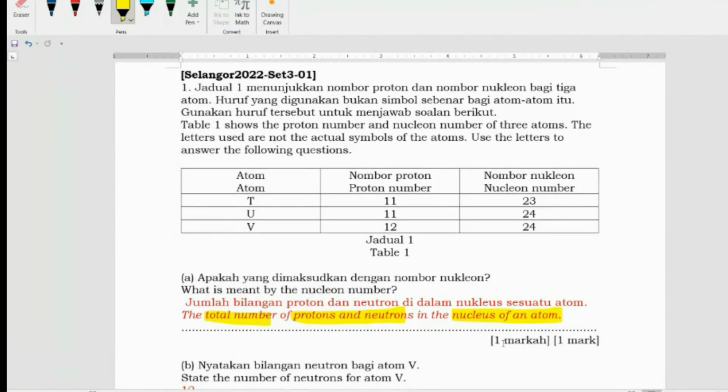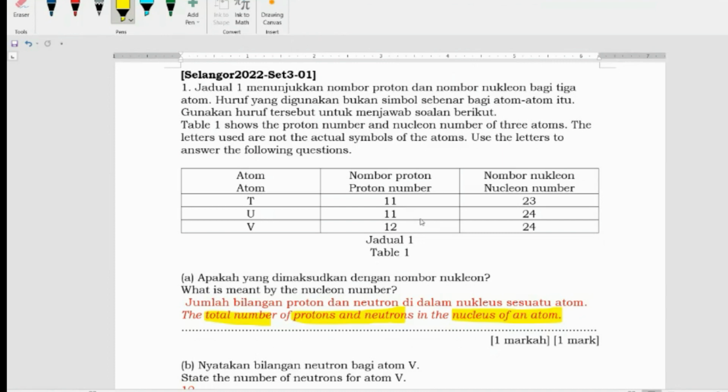Okay, Matthias, can you read the B and then try to give your answer, please? State the number of neutrons for atom V. 12. Okay, how did you get 12? 24 minus 12. Yes, the nucleon number 24 minus the protons. That is the neutrons.